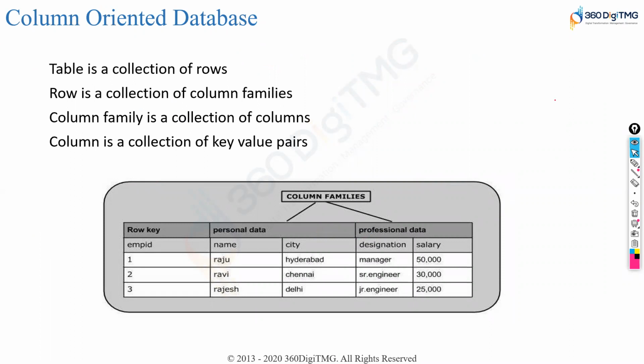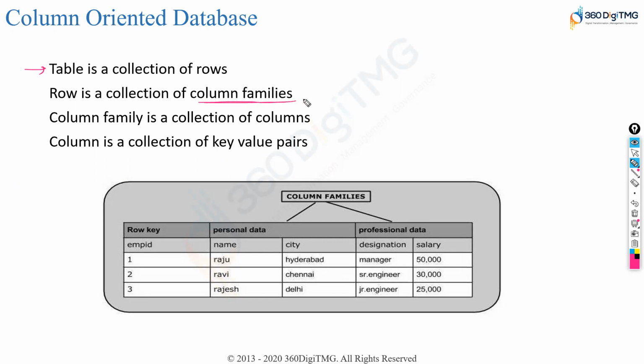So a table, as I mentioned, is nothing but a collection of rows. One single row is a collection of multiple features, right? Those features can be segregated and we call them column families.